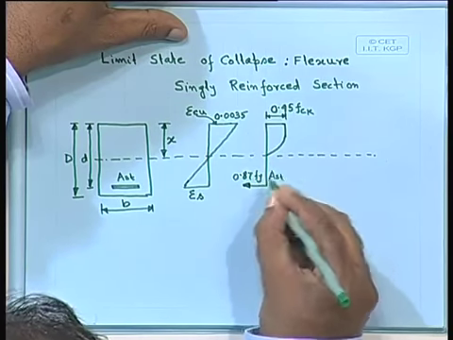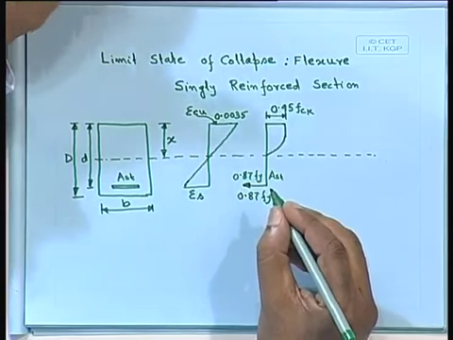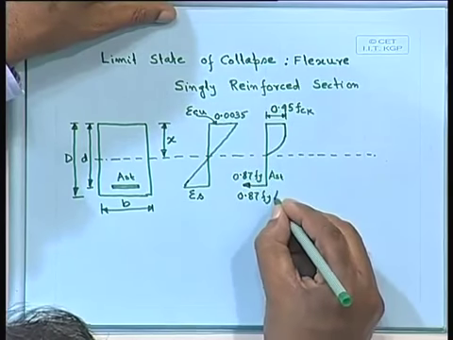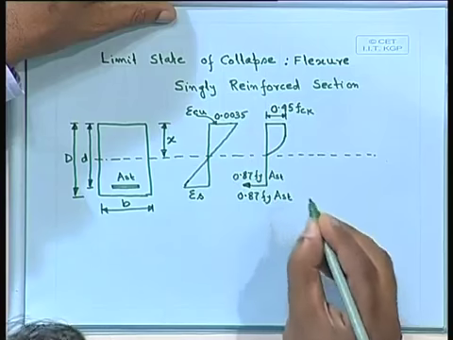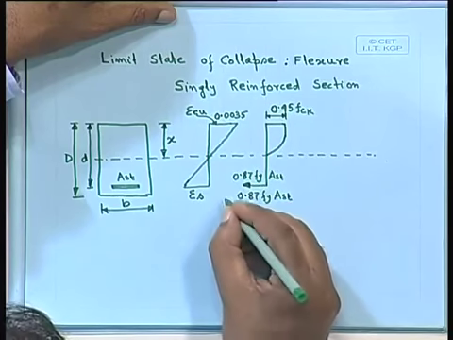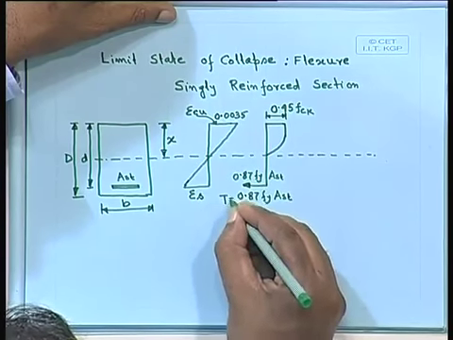Here I think it is better if I repeat once more: 0.87 fy, that is the stress permitted in steel, multiplied by the area of steel. This one is your T. So, the tensile force T on the steel is 0.87 fy Ast. We shall get the compressive force, that is C.